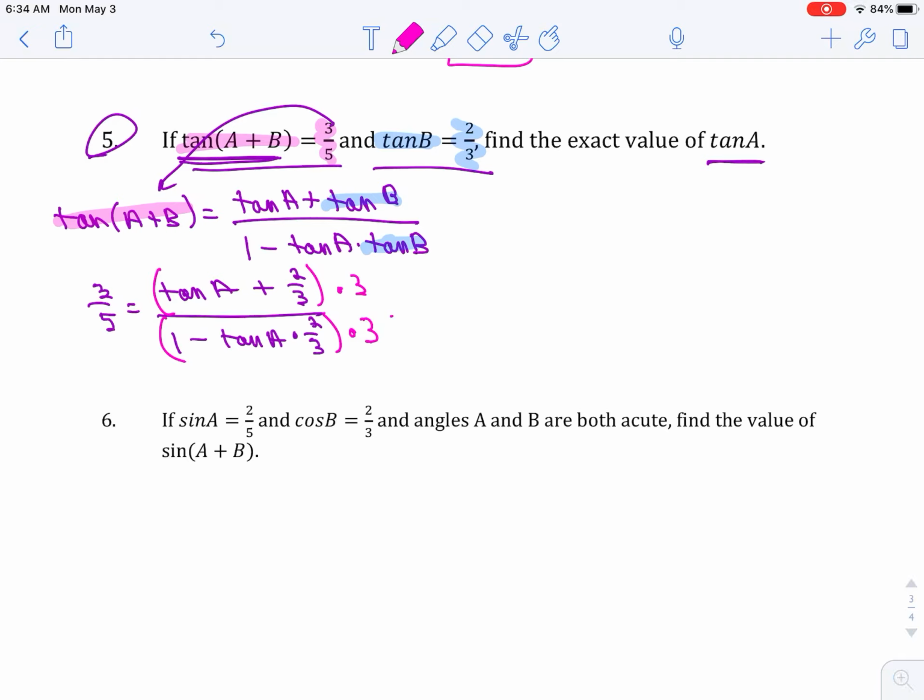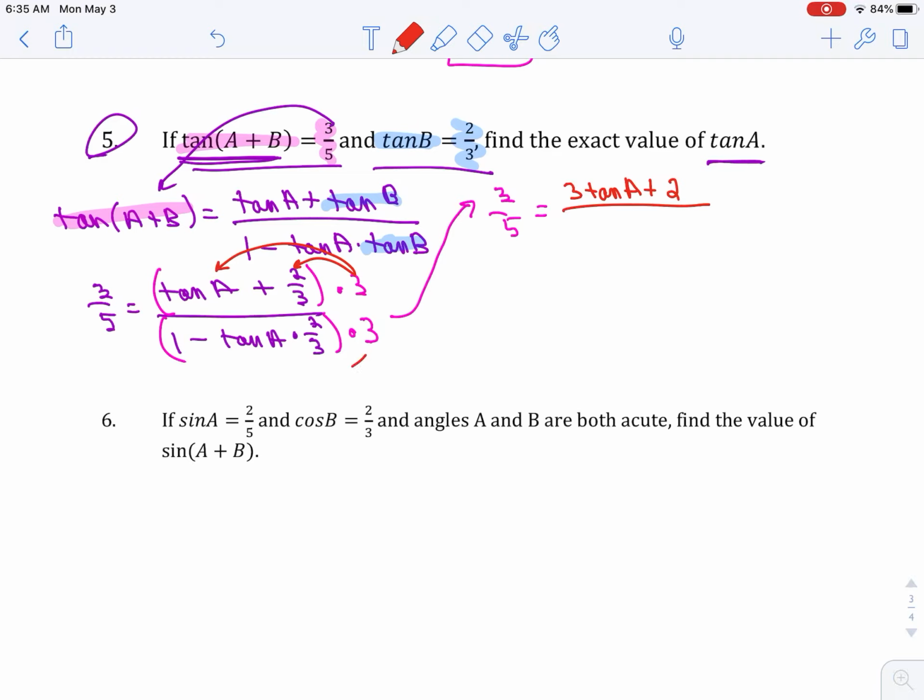So when I do that, on the left side, we still have 3/5. On the right side, I'm taking this 3 times both terms, times this and times this. So I'm going to end up with, on the top, 3 tangent a plus, and then 2/3 times 3 is just 2. You can go off to the side and check that out yourself.